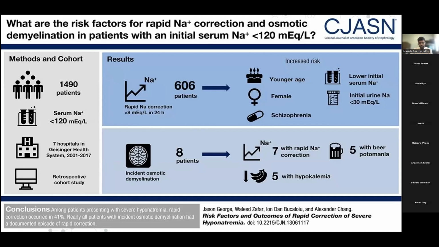Their fast was 8, so you had a couple of patients at 8, 9, and 10. They definitely did find an association between fast correction and CPM, though the incidence of ODS or CPM itself in all 3 of these cohorts was extremely low compared to the historically described incidences, which were as high as 10 to 25%. All these cohorts had a rate of less than 0.1%.